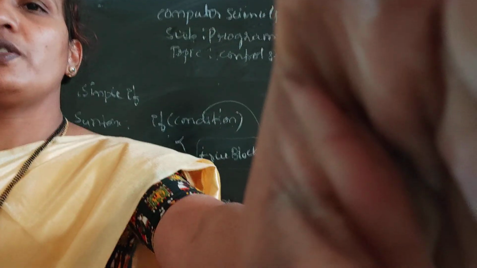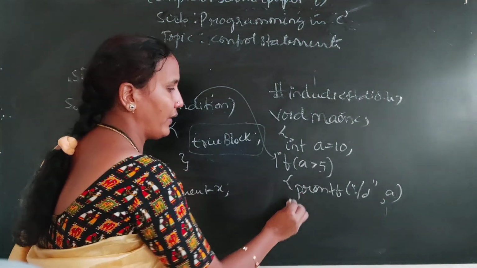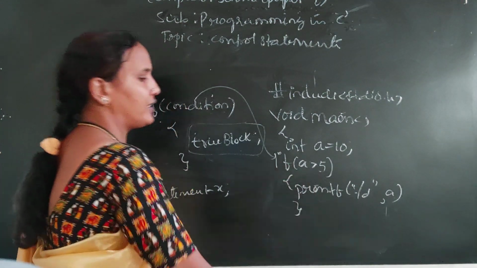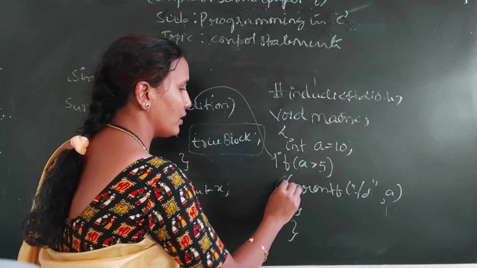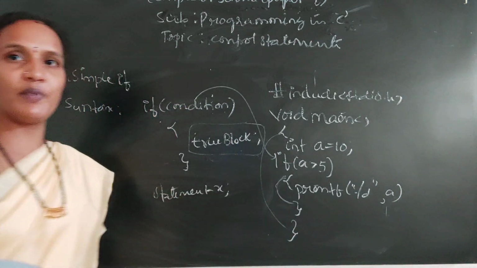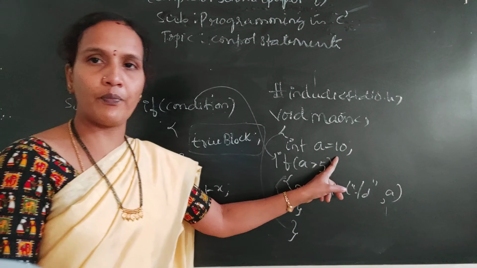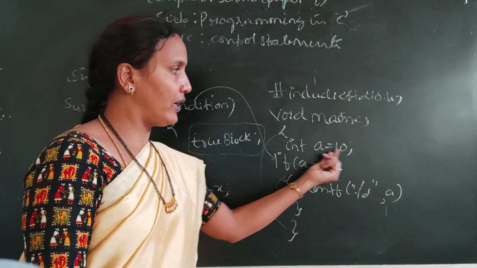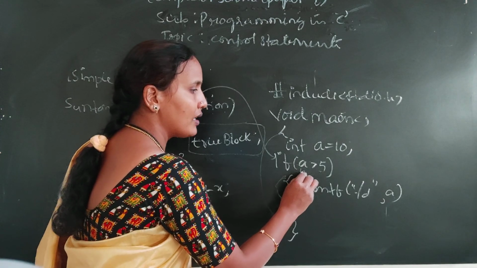I think it is not visible. If it is less than 5, I don't want to print anything. That's it. This is the opening and closing, and this is the opening and closing. These braces should match. Okay. a equals 10, I am checking the condition here. What is the a value? 10. 10 is greater than 5.